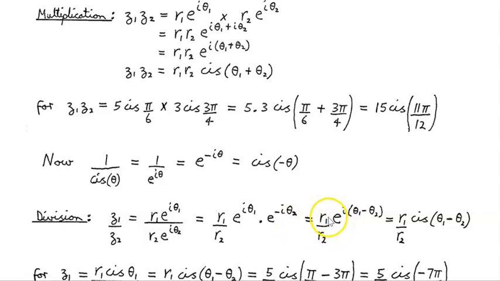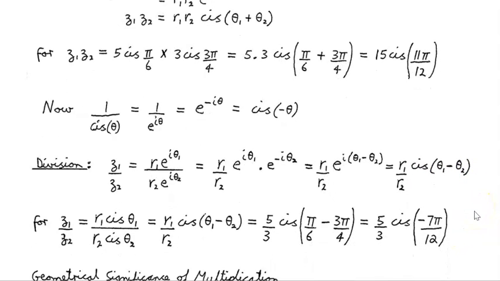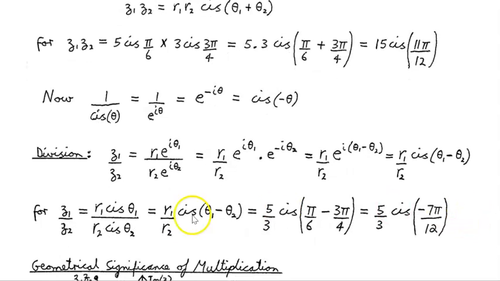We can combine by adding the powers together, so we get R1 on R2 times e to the I, and then in parentheses theta 1 minus theta 2. And coming back to cis theta form, that's R1 on R2 times cis theta 1 minus theta 2. So division just results in subtracting the angles in the same way that multiplication resulted in adding the angles.